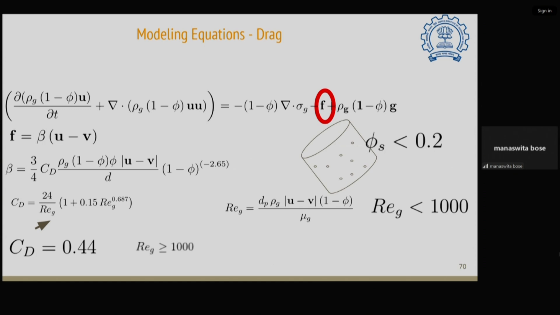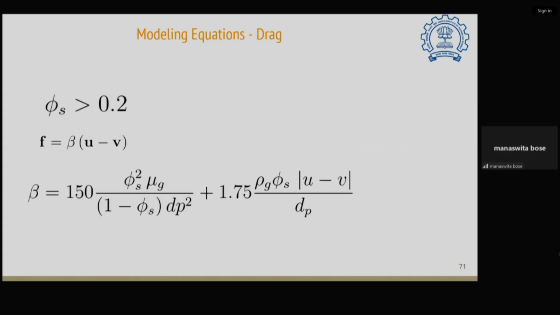So lower phi s means what? Lower phi s means dilute regime. When phi s is larger than 0.2, that comes from the packed bed regime.